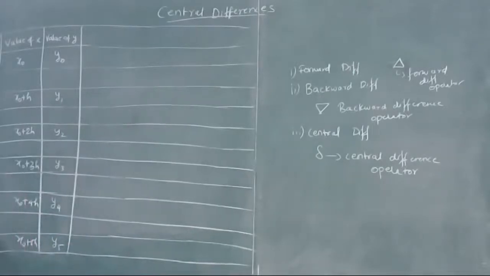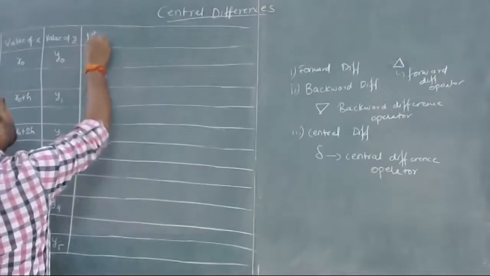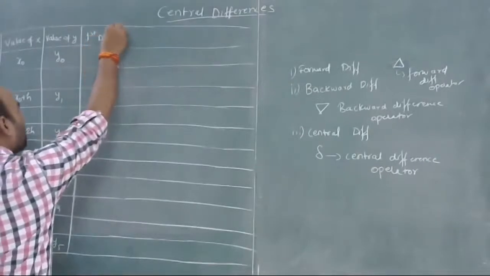The value of x increases with a small step h, and y corresponds to x naught plus h, x naught plus 2h and so on.